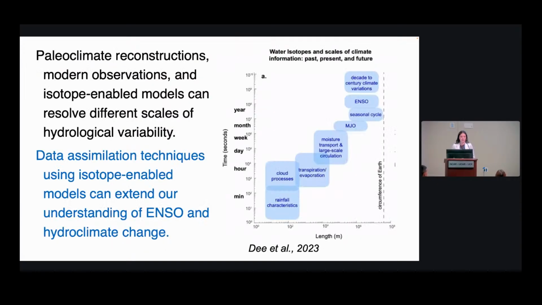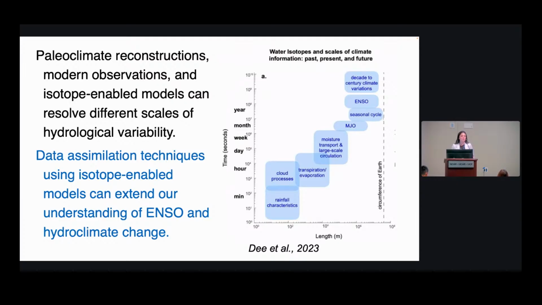Because of the contribution of delta O18 of seawater to paleoclimate reconstructions, and the recent advent of isotope-enabled models, which can resolve these fields, data assimilation efforts have been using isotope-enabled models, including the isotope-enabled Community Earth System Model, to integrate these records as well as modern observations to extend our understanding of ENSO and hydroclimate change and reconstruct these timescales of variability, such as ENSO and centennial variations and trends, through the past into the present and potentially into the future.